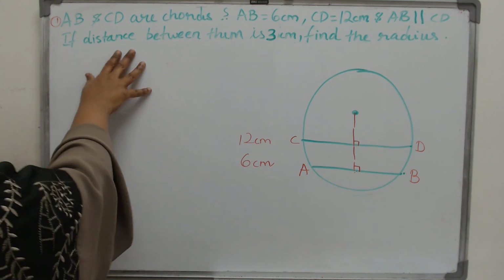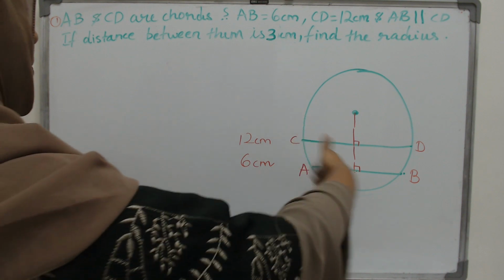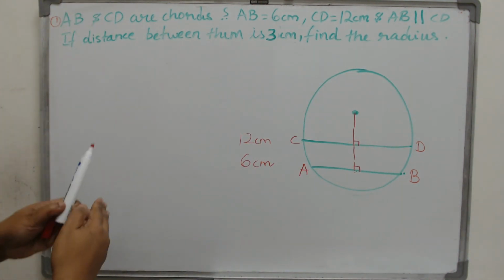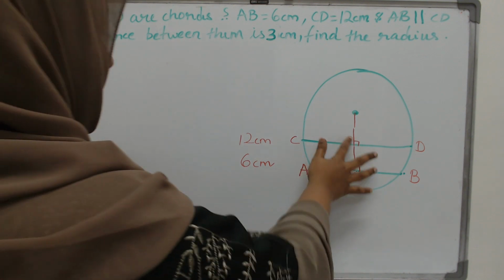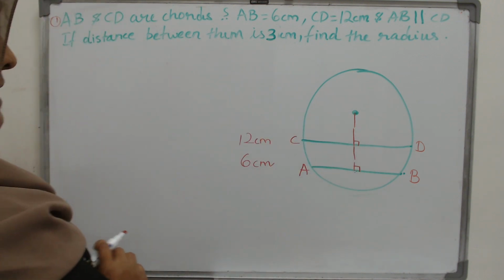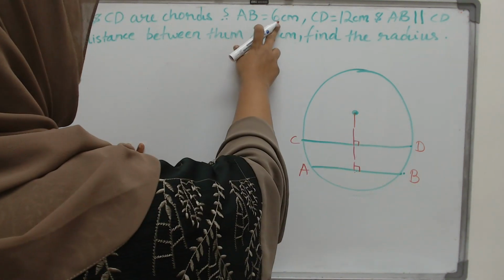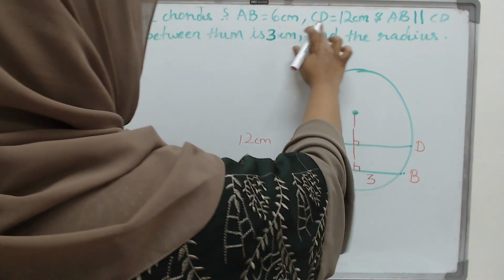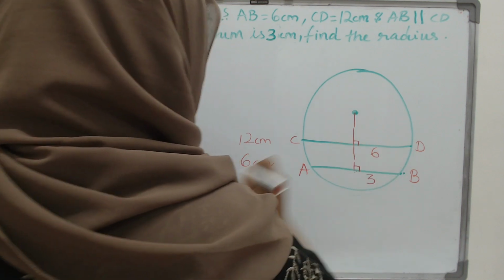Because whenever we say the word distance, it means perpendicular distance, and when it is a line from the center, it also means that it bisects into two equal parts. So see here, you get two right angles here, and not just right angle, it will bisect also. So instead of 6 centimeters, we just have to take 3 centimeters, and instead of 12 here, that also cut into two equal parts, which is 6.